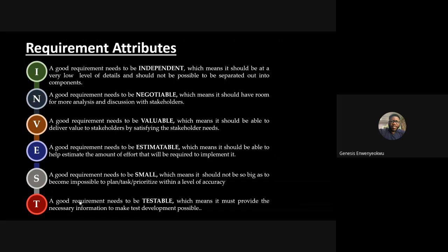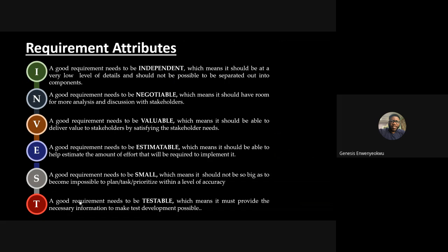Another one is V, which is valuable. Our user stories should represent value. And that is because whatever we are doing as business analysts in a project, or the solution we are building rather, must be a solution that delivers value to stakeholders.